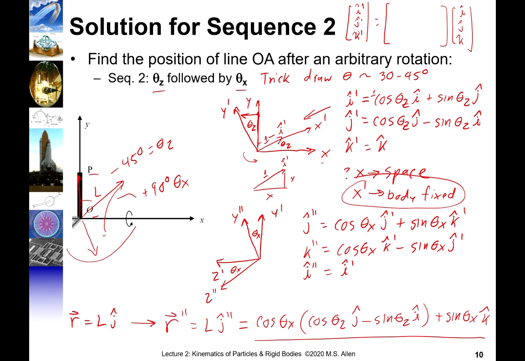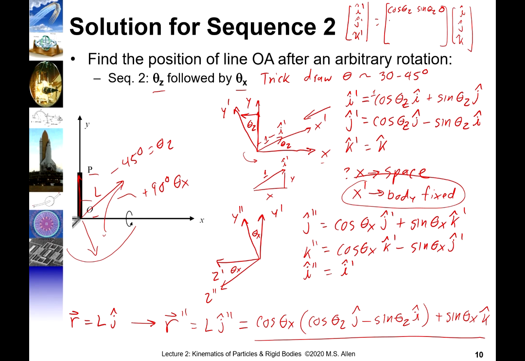Okay, so if we wanted to do that, i prime needs to be cosine theta z i plus sine theta z j, so we'd need a cosine theta z in this location. In the next location, we'd need a sine theta z, and then we need a 0. And so when we do the multiplication, cosine theta i, sine theta j, 0 k will give us that equation.